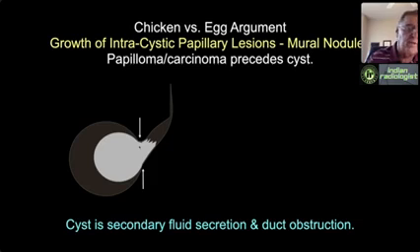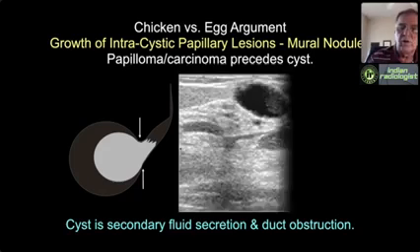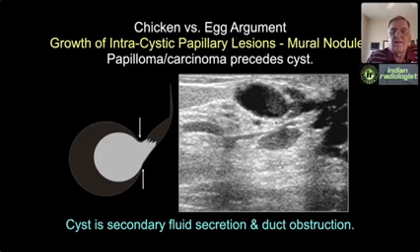And so what you'll see if it's a true papillary lesion like papilloma or carcinoma, the thin echogenic capsule will not be present at the point of attachment, and there may be irregularity or extension of the papillary lesion, whether it's benign or malignant, into the duct, usually toward the nipple. So we can see this in real life. Here's a mural nodule. We can see a beautiful thin echogenic capsule almost all the way around it.